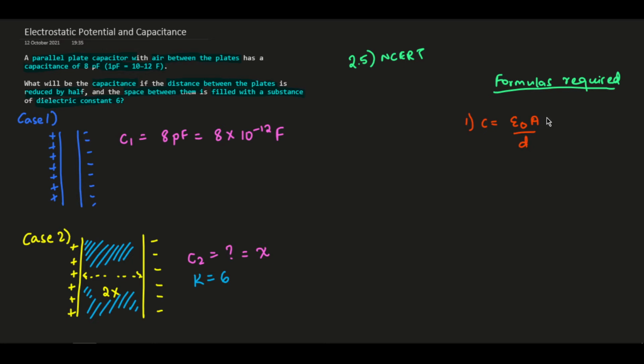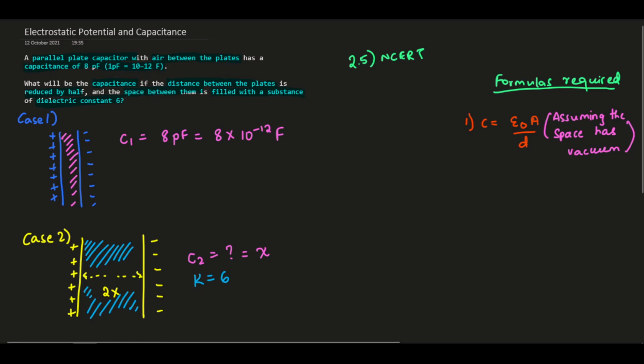This is assuming the space is vacuum, which is only applicable for case 1. The second formula that we'll be needing is epsilon by epsilon naught is equal to k.